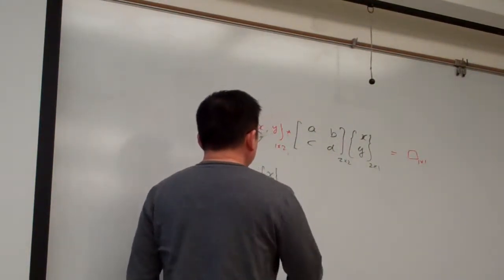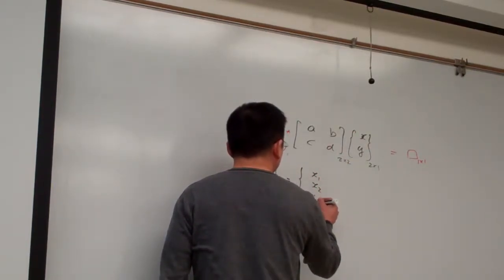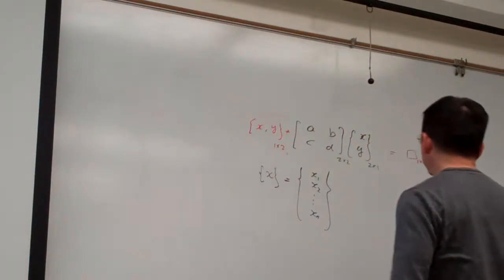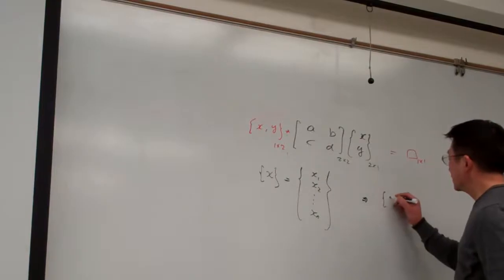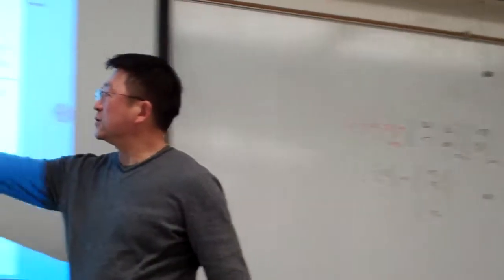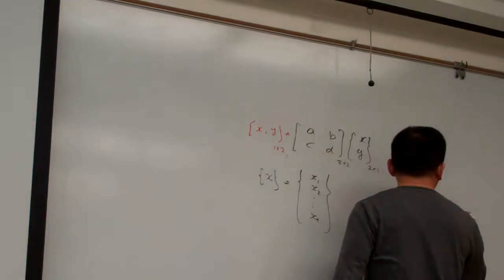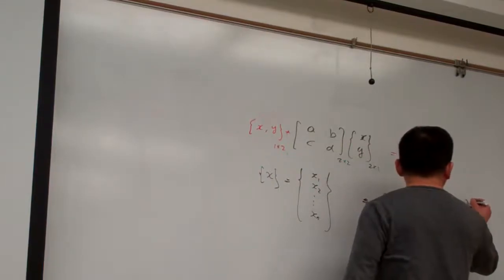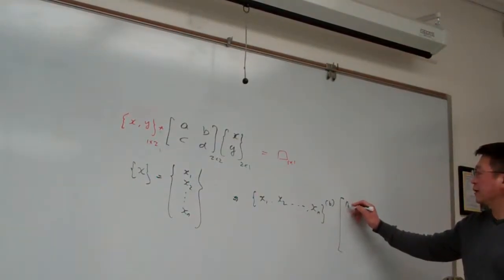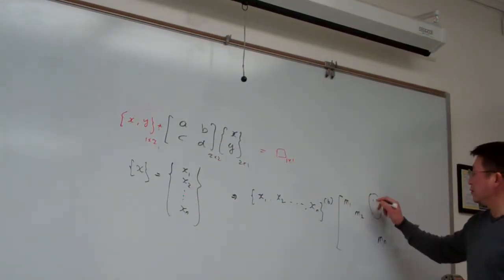For example, this is the modal vector, and let me write x1, x2, xn. That equation is simply saying x1, x2, xn, the modal vector, multiplied with M, which is m1, m2, mn.